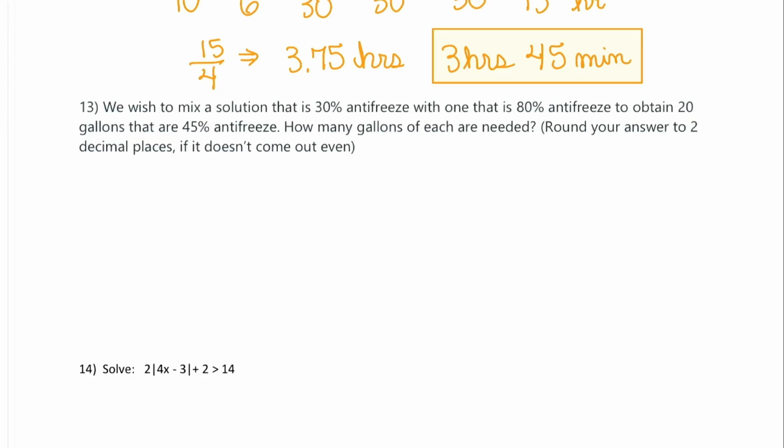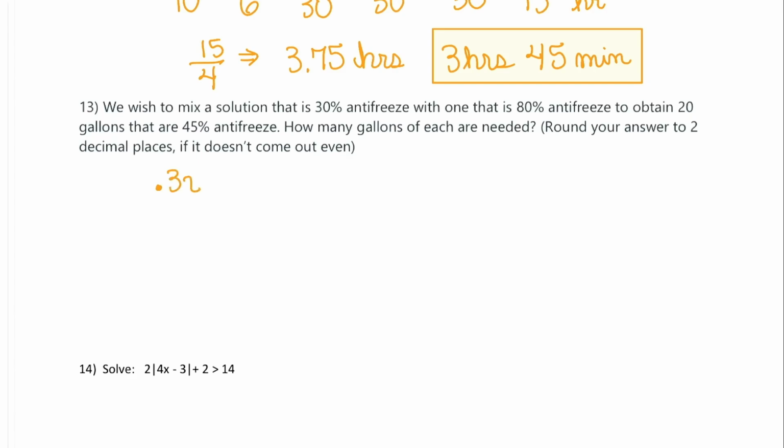We wish to mix a solution that is 30% antifreeze with one that is 80% antifreeze. To obtain 20 gallons that are 45% antifreeze, how many gallons of each are needed? Okay, so this is a system of equations. We know that we have two types of antifreeze, and writing 30% as a decimal is going to be 0.3.